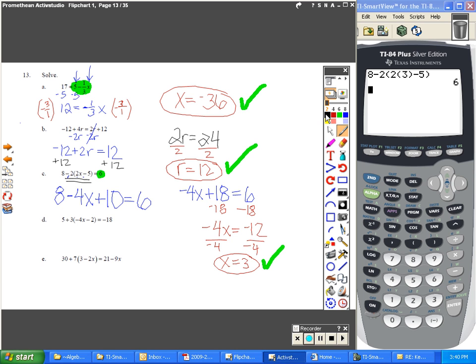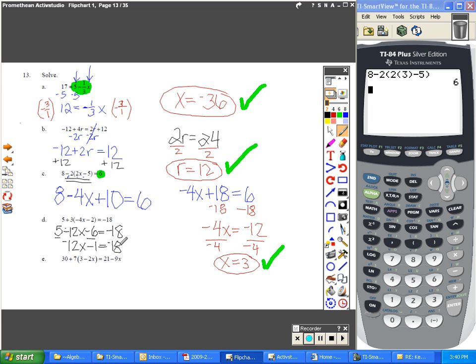2 more. This is also a distribution problem. I have 5 minus 12x minus 6 is equal to negative 18. I next want to put my numbers together. 5 and negative 6 would make negative 1. So now I have negative 12x minus 1 is equal to negative 18.